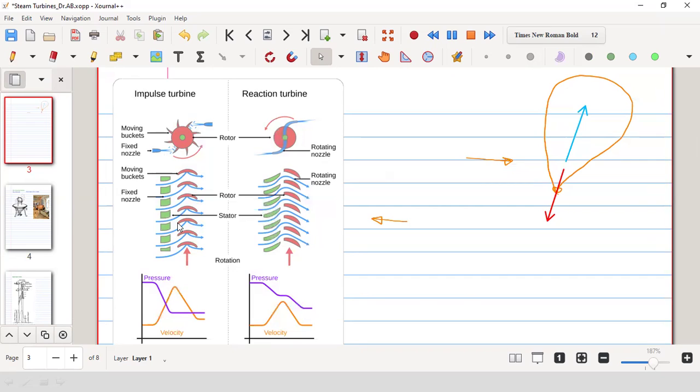Taking these two together is called a stage. So here in this diagram, one stage is shown.